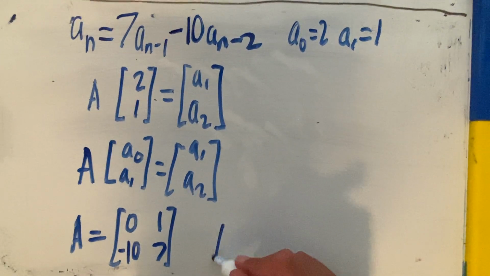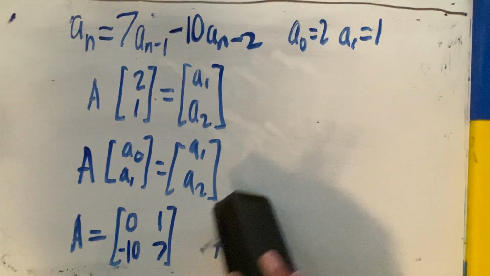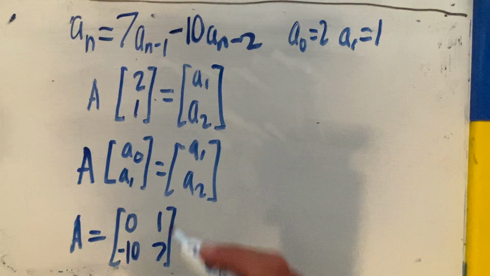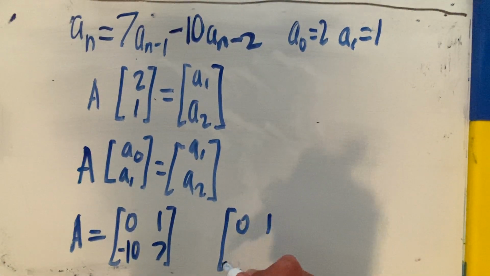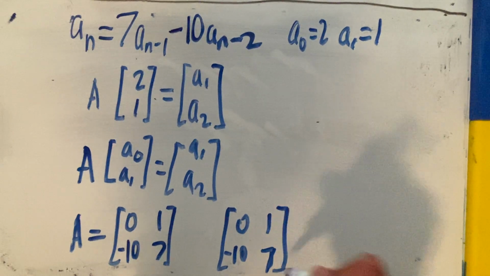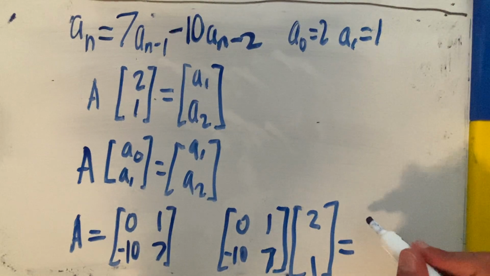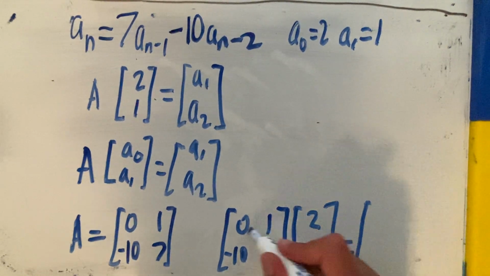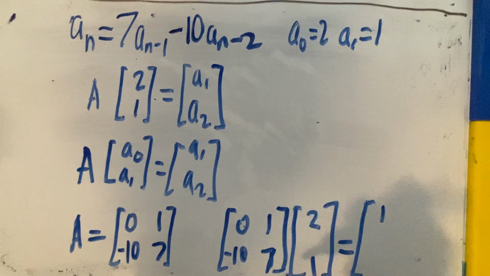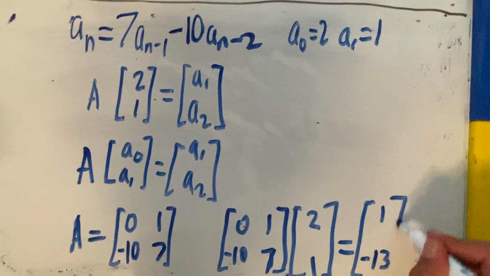And you can see then that A times, well, let's just do it out. We have 0, 1, minus 10, 7 times the initial conditions, which are 2, 1. This gives us 2 times 0 plus 1 times 1 is 1. 2 times minus 10 plus 1 times 7 gives us minus 13.